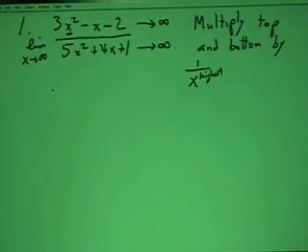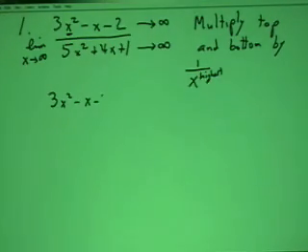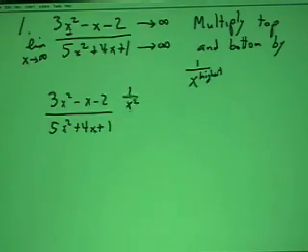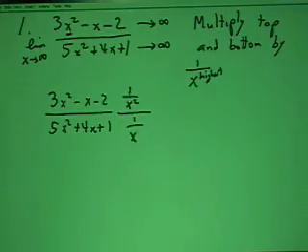So what I'm going to do is take this 3x squared minus x minus 2 divided by 5x squared plus 4x plus 1, and multiply top and bottom by 1 over x squared, because that is the highest power of x that I see. 1 over x to the highest power. Now that's a strange thing to multiply by, but you can't deny that that's equal to 1. So I'm not changing the problem. So let's multiply this out.